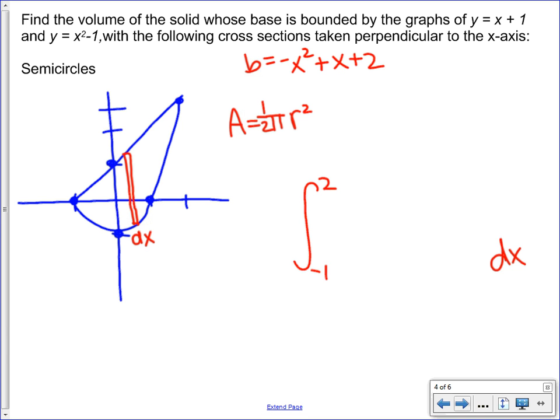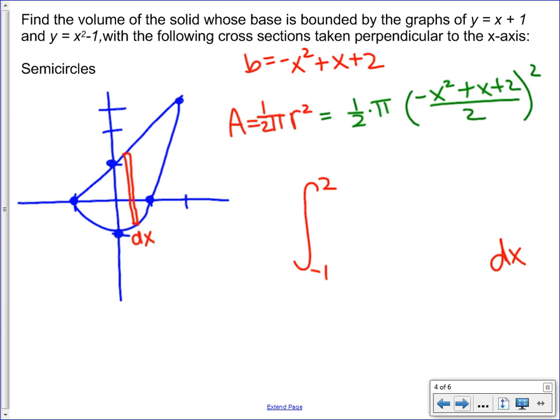So the area of our semicircle is 1/2 times pi times radius squared. Well, it's actually the diameter divided by 2.